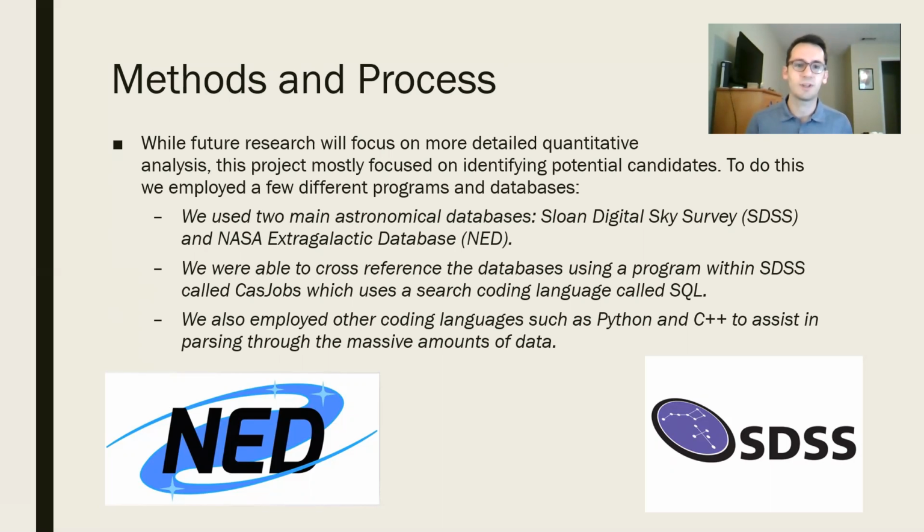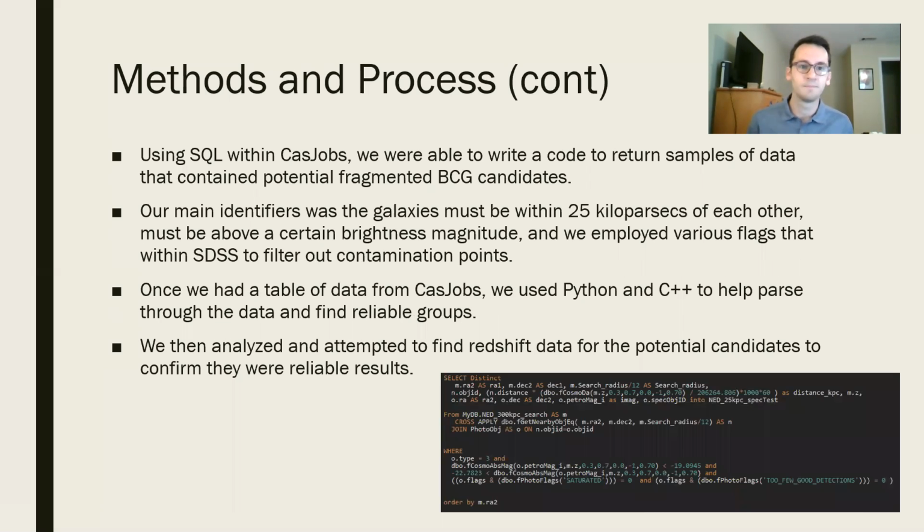After we used CasJobs and SQL to get data, we would use other programs to parse through the data and find different groups, so that they might be reliable. These codes were typically written in Python or C++. So that was our process, as I described there.